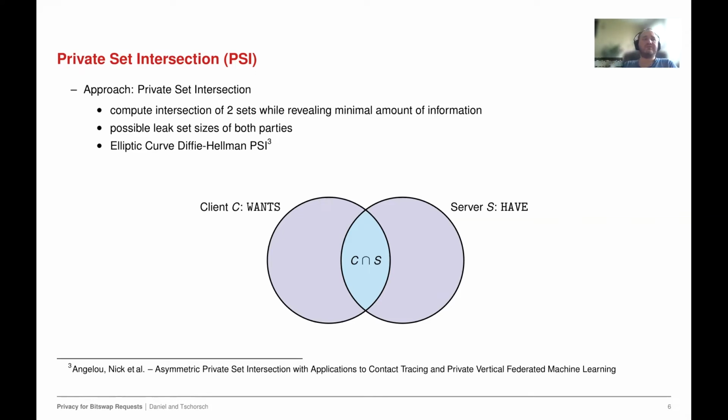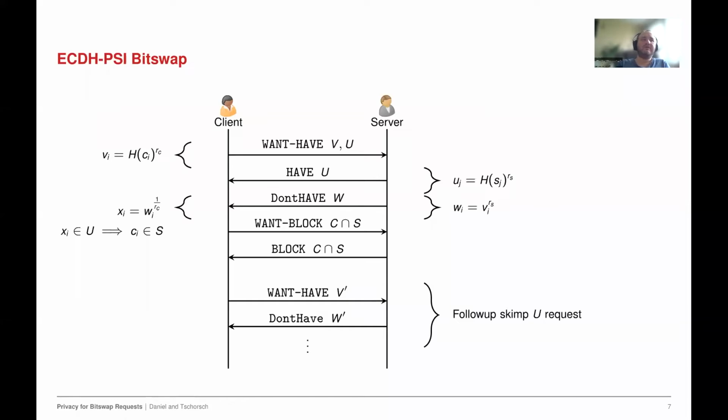The next approach, which I'm showing, uses elliptic curve Diffie-Hellman PSI. So if you know a bit about Diffie-Hellman, you might see something which looks awfully familiar. Yeah, so ECDH PSI Bitswap.